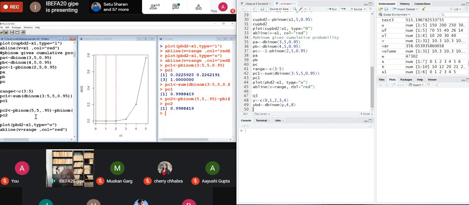So the rest will be 3, 4, 5. A minus B, A will be larger than B.